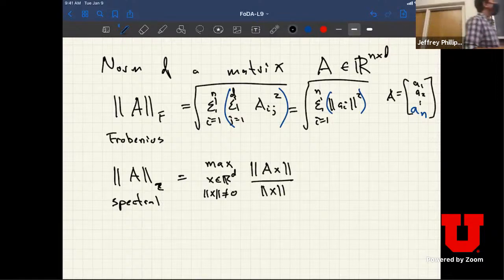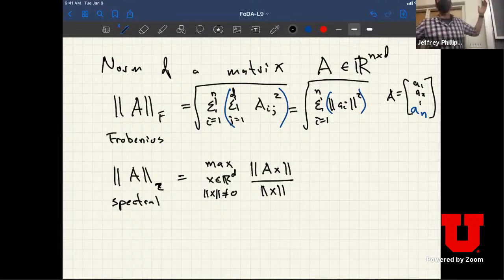I'm multiplying x times A, and then taking the norm. A times x gives me a vector: multiplying by a length d vector outputs an n-dimensional vector.